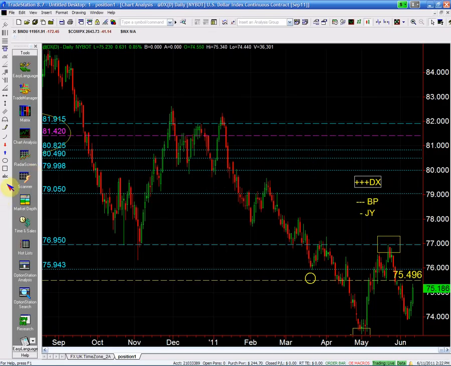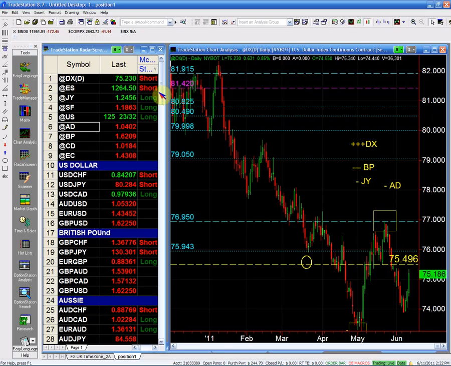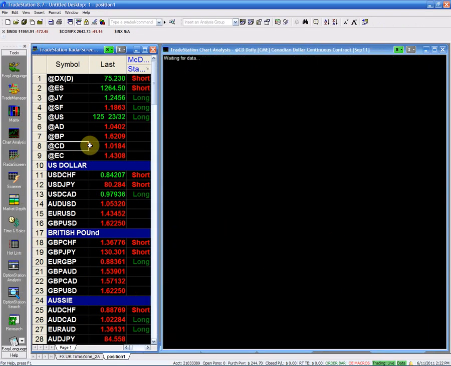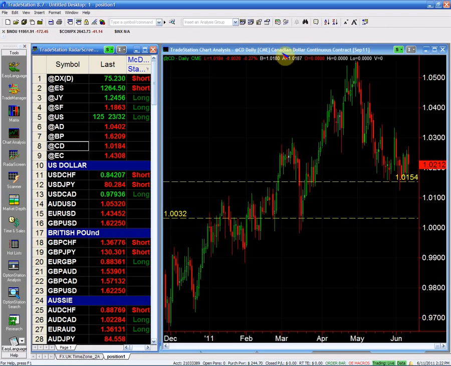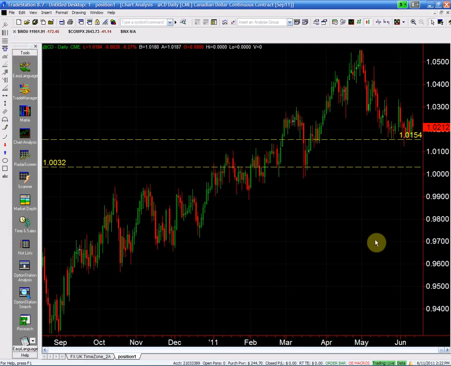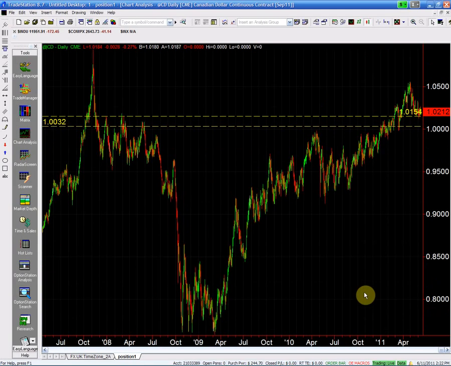If we go to the Canadian, it is sitting pretty close to the all-time high here, topping up in the last move from April 2009. We don't really have any buy signals into the Canadian, nor do we have any major sell signals into the CAD.